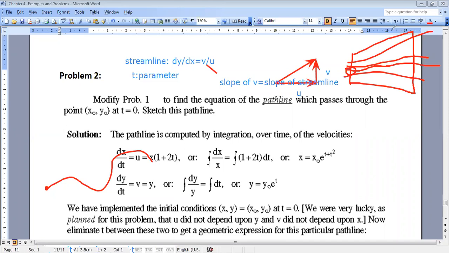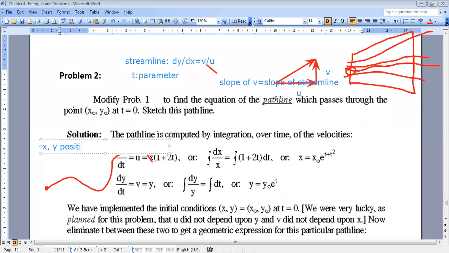Now, how to find the path line? The idea is to track the particle. So to track a particle, you need to define its position and its velocity. The position of the particle is given by x and y.